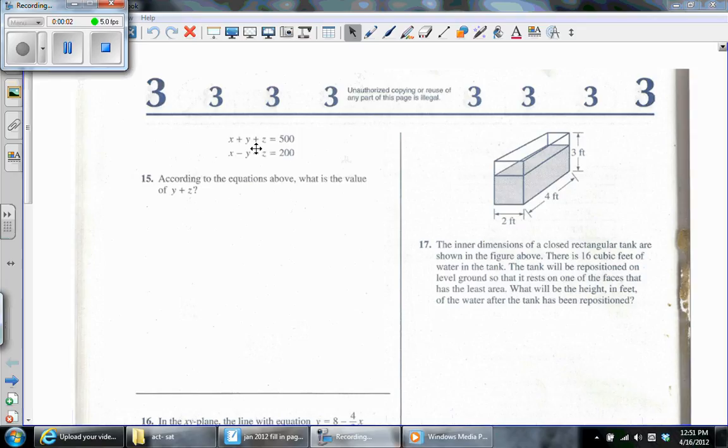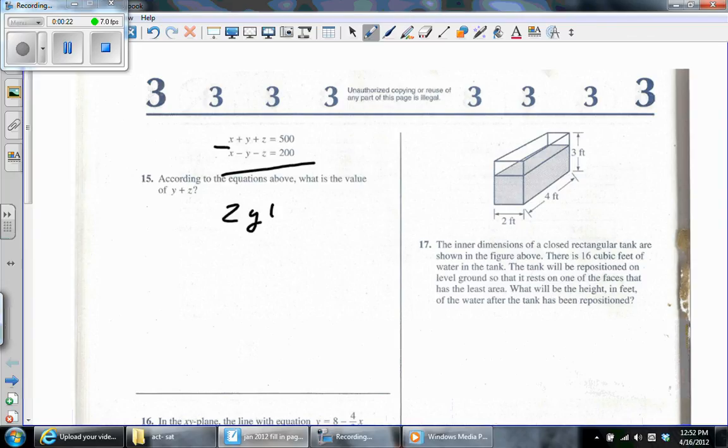Okay, Alexi, so for number 15, it says according to the equation above, what's the value of y plus z? So, the first thing I'm looking at here is if I subtract these two values, the x's cancel, and we're left with 2y plus 2z.